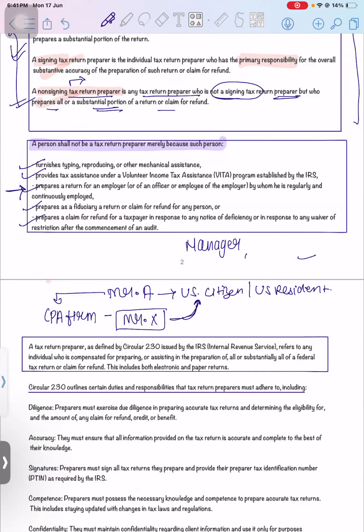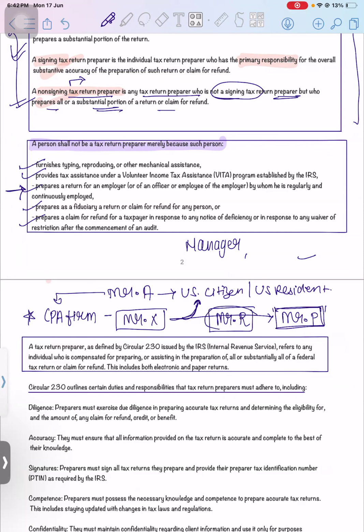See, the same thing happens in our practical life. They will bring the direct clients. Just think about a CPA firm or an EA firm. They assign his return to, let's say, Mr. P, who is preparing the return, and also assign it to Mr. R, who is going to review the return.